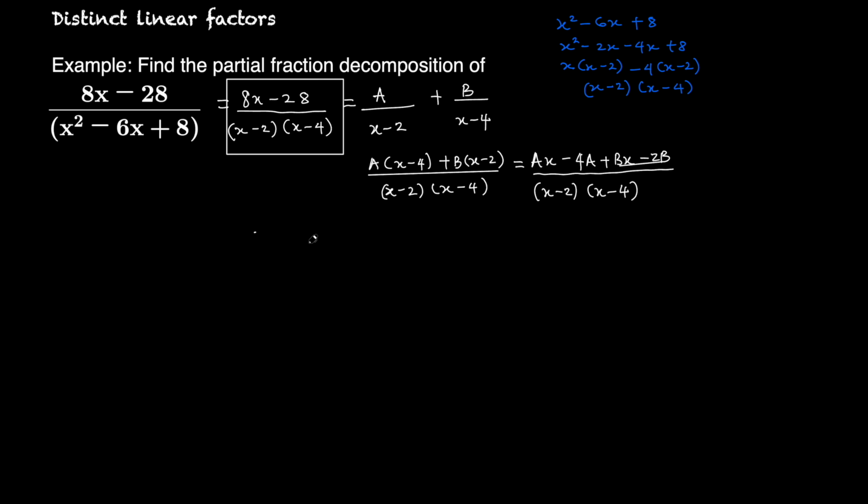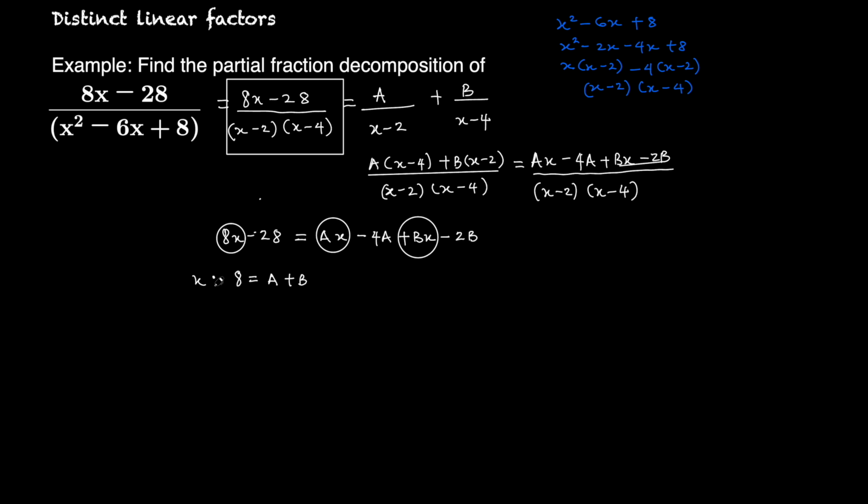So bring it out along with what we have here, which is 8x minus 28. Then we can say that 8x minus 28 equals ax minus 4a plus bx minus 2b. Let's bring the x's together. The x we have on the left hand side of this equation can go along with the first x we have here, which is ax, and the second x, which is bx. So we can say that 8 equals a plus b.